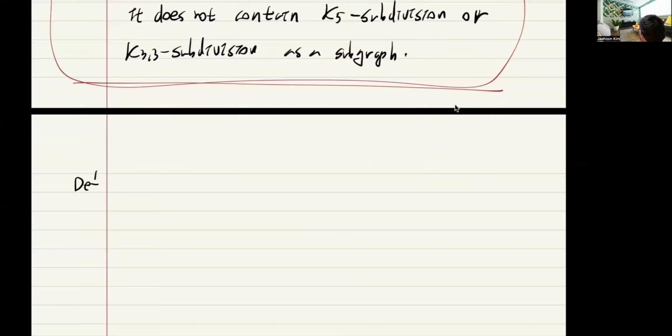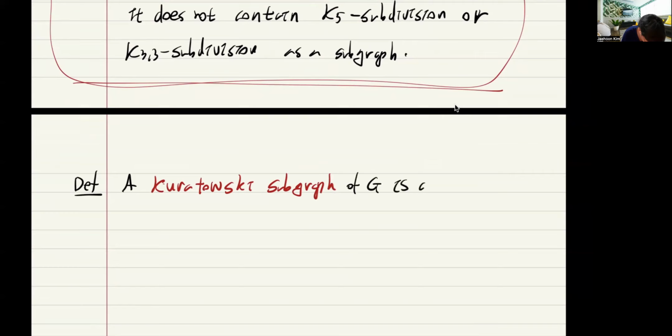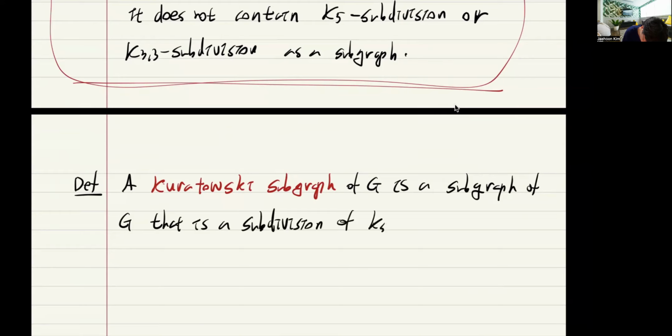For that, first we want to define a convenient concept. So we say that a Kuratowski subgraph of G is a subgraph of G that is a subdivision of either K5 or K33.